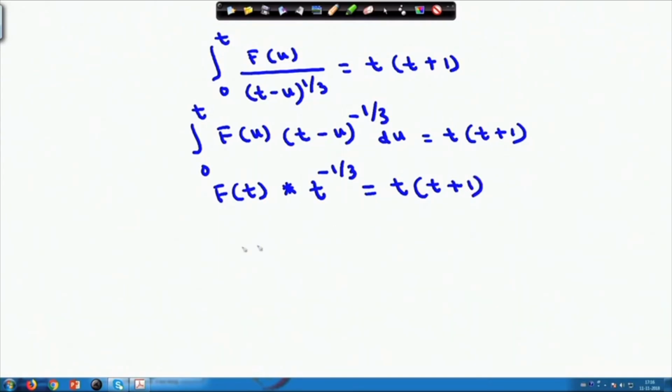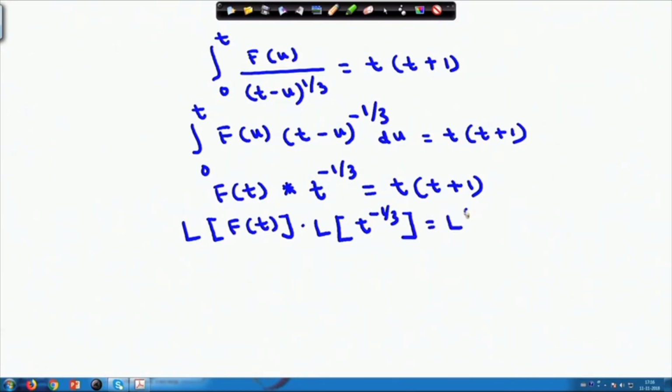Now, take Laplace transform on both sides. If I take Laplace transform on both sides of the given equation, I can write down Laplace transform of t to the power minus 1/3, and this is equal to Laplace transform of t plus Laplace transform of t square.